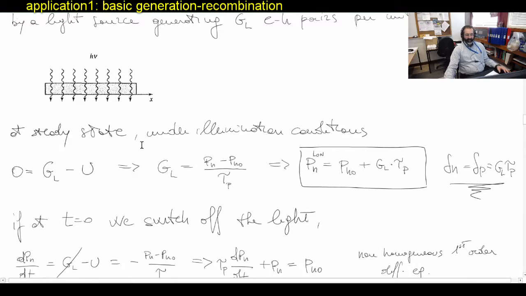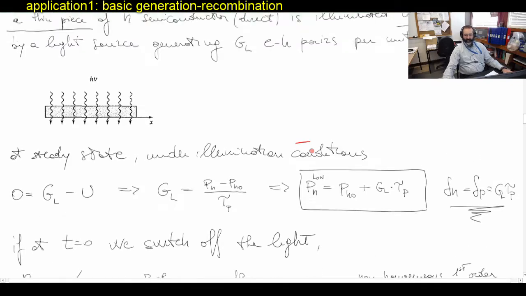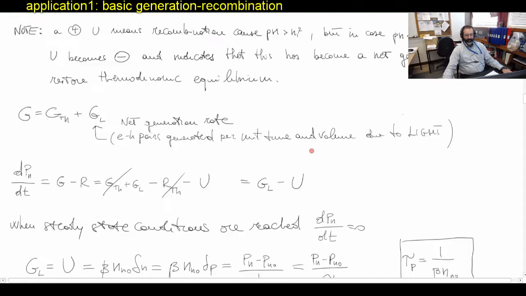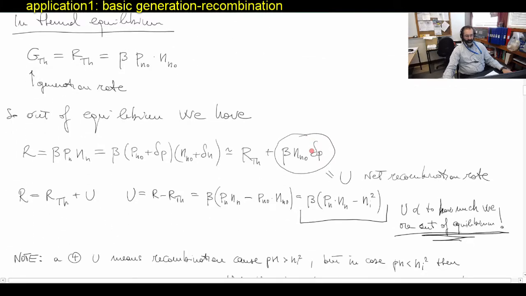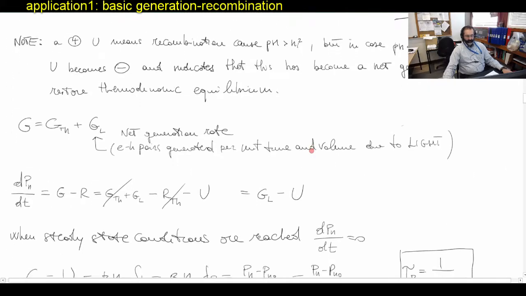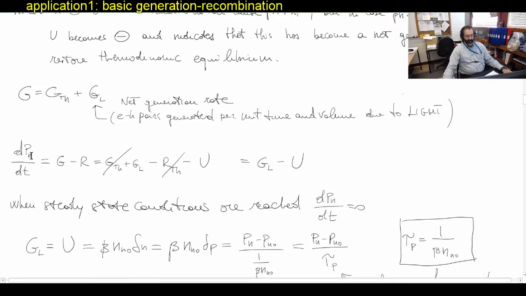So at steady state and under illumination conditions, from the equations we've seen yesterday when we were introducing recombination, we saw, you remember, that we can write that dPn/dt is equal to GL minus U. At steady state, dPn/dt must be 0.